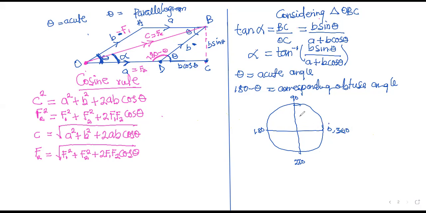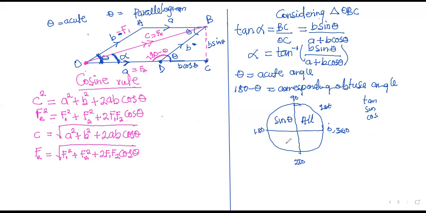Within the first quadrant, when you take tan, sine, or cos of an angle, they'll all be positive. So within the first quadrant, all trig ratios are positive. Within the second quadrant, only sine is positive. Tan and cosine are negative.